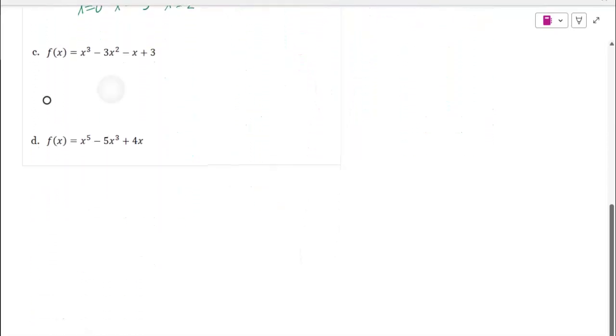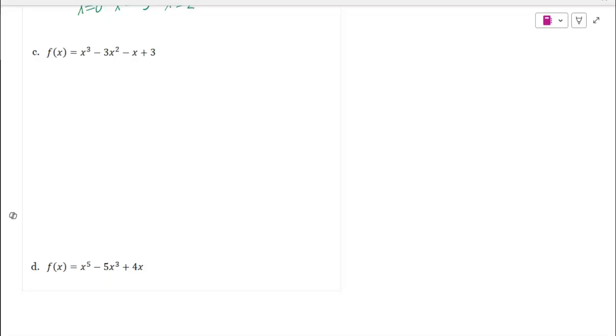Example C, something raised to the 3rd power, so we're expecting to get 3 zeros potentially. Because I have 4 terms here, I'm going to factor by grouping. So I'm going to group the first 2 terms together, group the second 2 terms together. In the first two terms, I can factor out an x squared, and I'm left with x minus 3. And then I want that second set of parentheses to match.